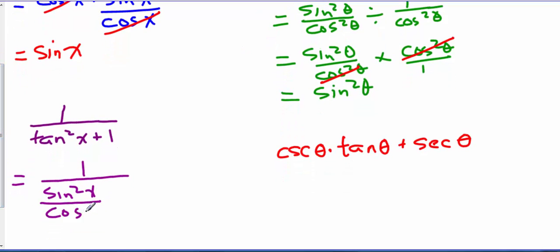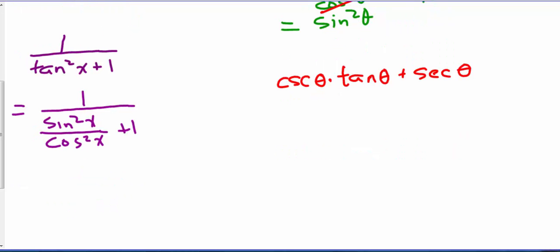So I will rewrite my expression this way. Now, at least initially, this doesn't look like much of an improvement. It certainly doesn't look simplified versus the original. But I'm going to continue.